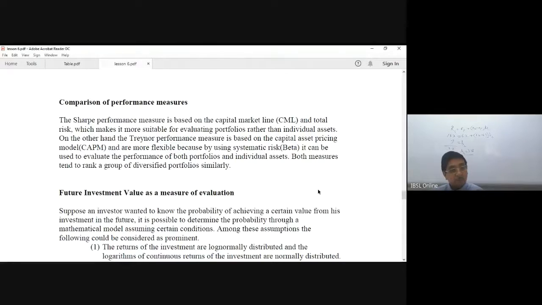So the Sharpe performance measure is based on the capital market line. Why do we say that? Because we are going to have the risk premium and the total risk. Now you all remember the standard deviation comes on the horizontal axis. What is the risk premium there?